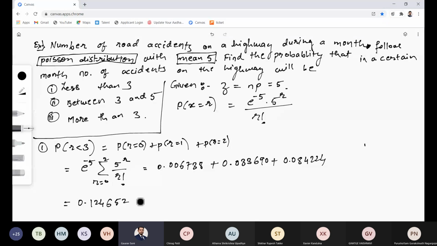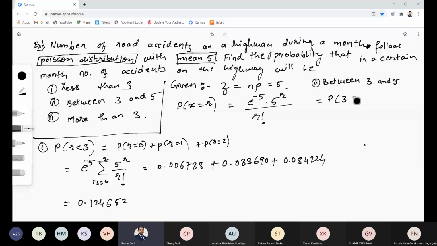between. There is a bit of ambiguity in this. They must have specified if 3 is included or not. So we'll consider it to be included. Probability of 3 less than or equal to r less than or equal to 5.